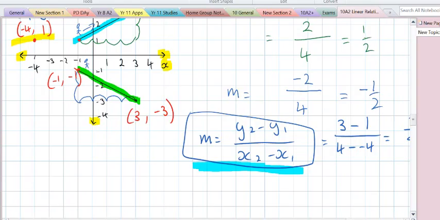Alright, so if we label these points x1, y1, x2, y2, we can use our formula.